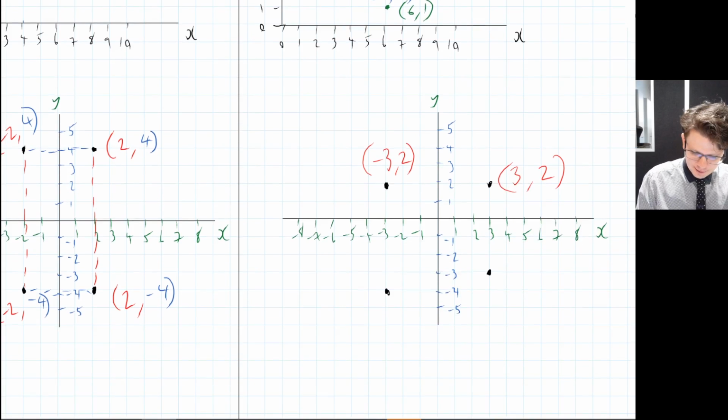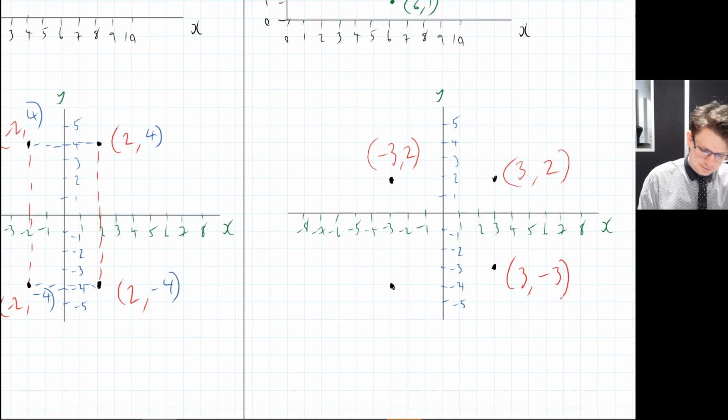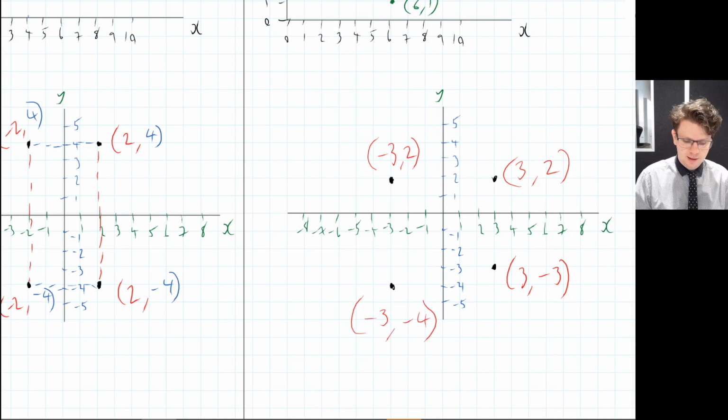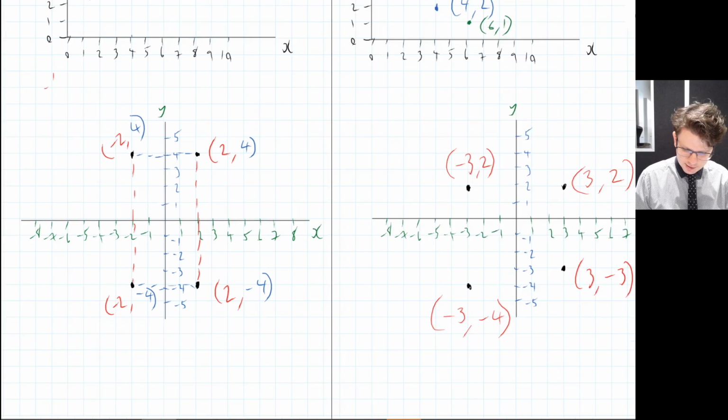Next one, this one down here, is going to be 3, -3, not the other way around. Why? X comes first. And last one, -3, -4. Alrighty, so those are 4 points. Okay, so we can read points. Now we've got to be able to write down points.